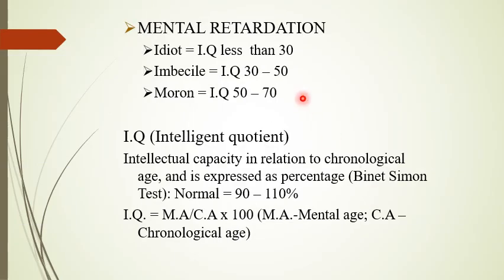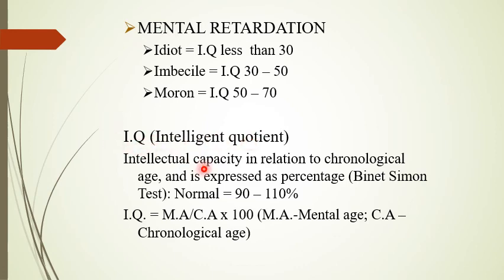Now another term called mental retardation, which is judged by a test called the Binet-Simon test. This test is used to find out the intellectual capacity of a person, known as the intelligent quotient, or popularly known as IQ.